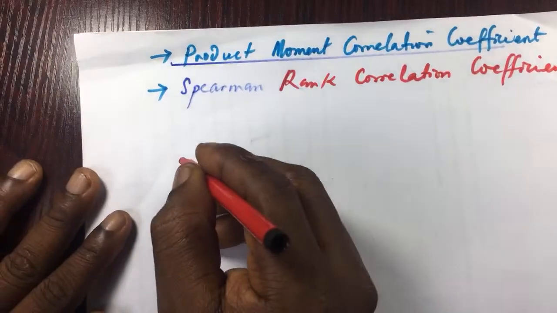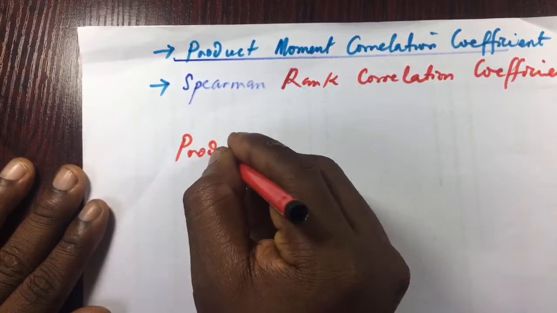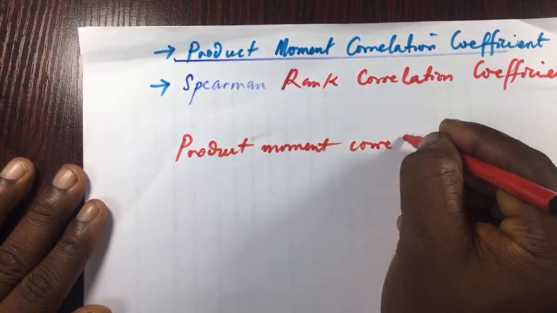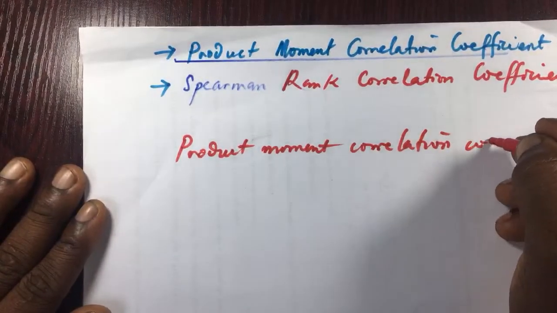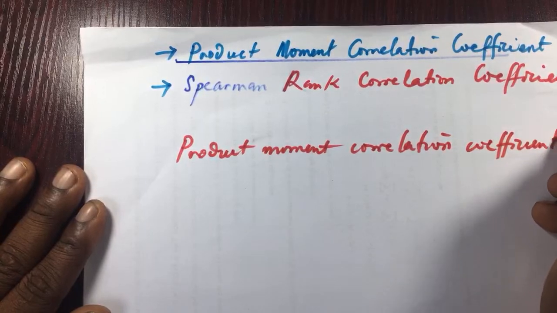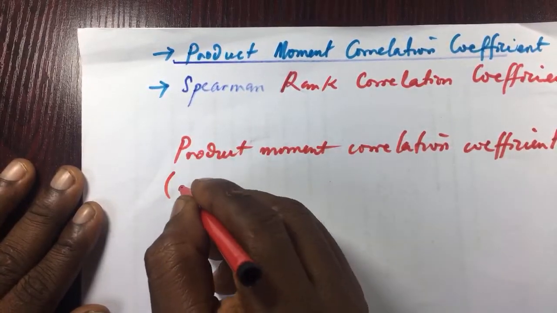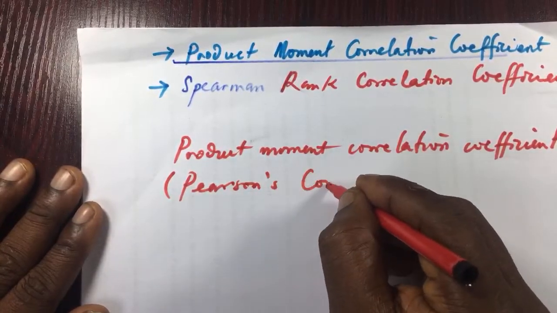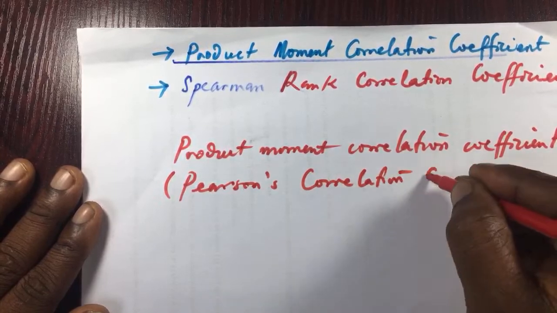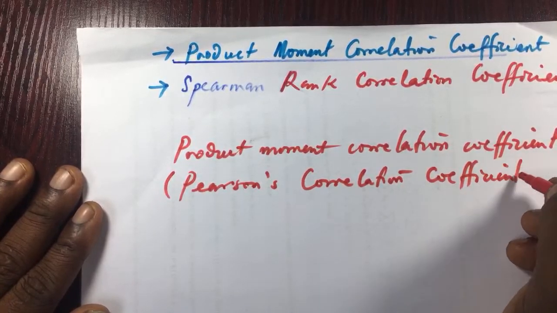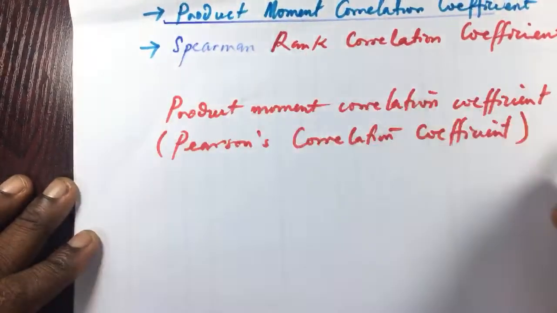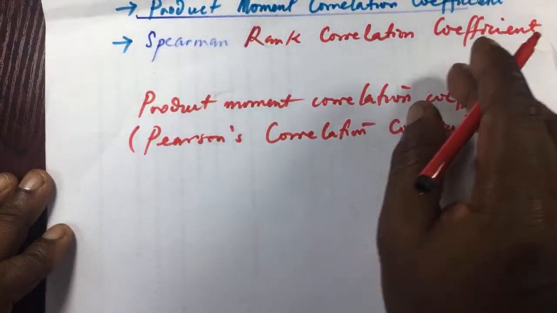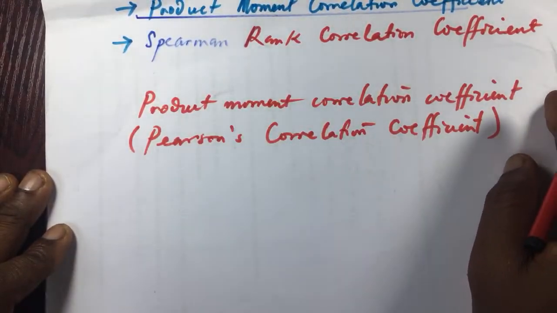So if you don't want to call it product moment correlation coefficient, then you could call it Pearson's correlation coefficient. Okay, then for Spearman correlation coefficient, if you don't want to call it Spearman correlation coefficient, you can just call it rank correlation coefficient for short.